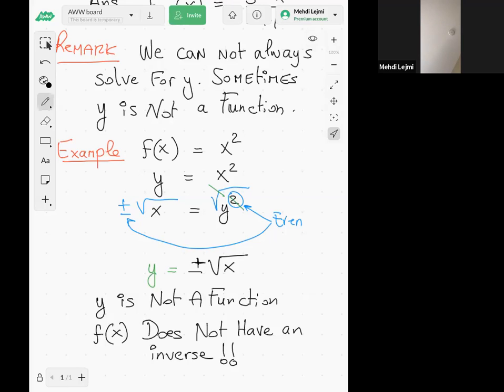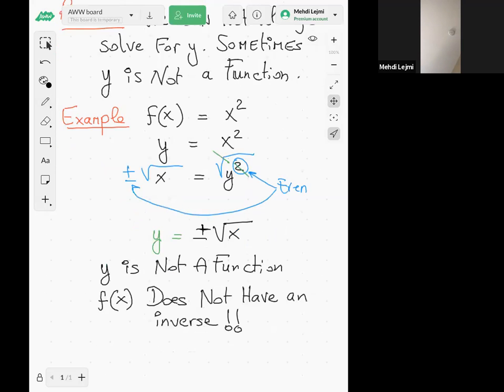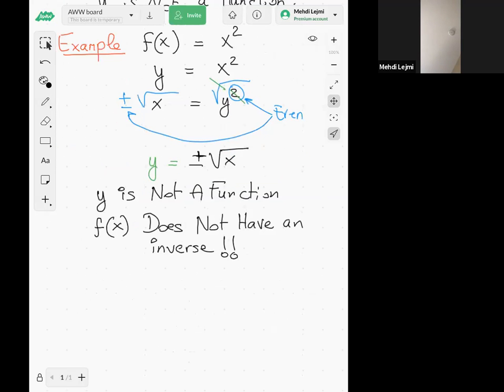So the question now: how can we determine whether a function has an inverse or not using graphs?